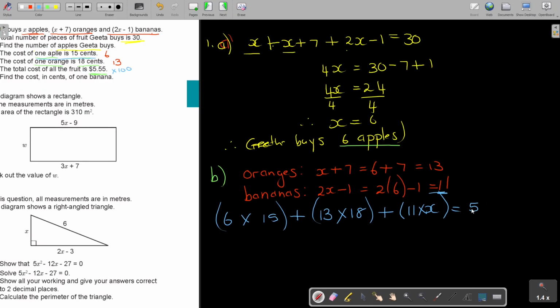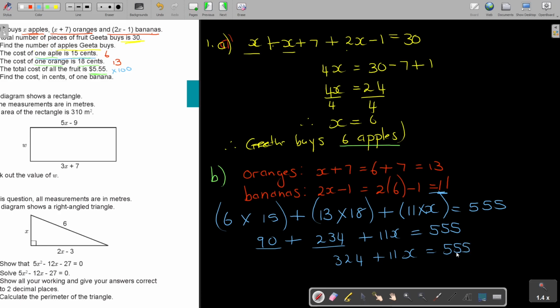So it's 555. And again, I just solve this. So I get 90, I get 234, I get 11x, and I get 555. Okay, so if I add this up, I'm getting 324 plus 11x equals 555.